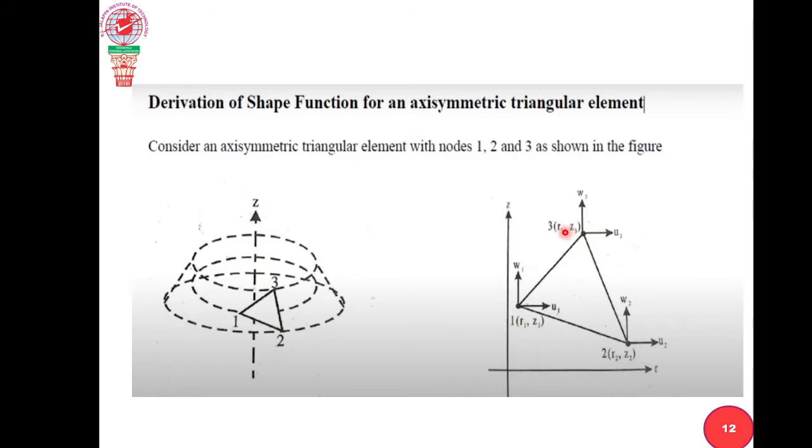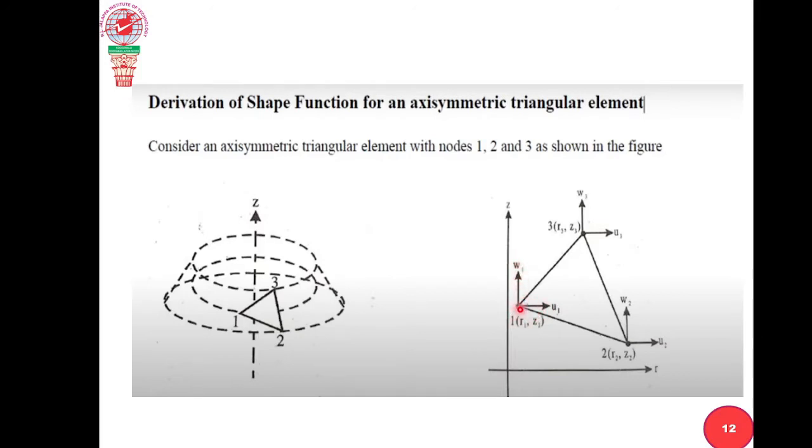And as I mentioned, here we are going to consider only two directional displacements. One is with respect to the r direction, another with respect to the z direction. With respect to r it is u, with respect to z it is w.